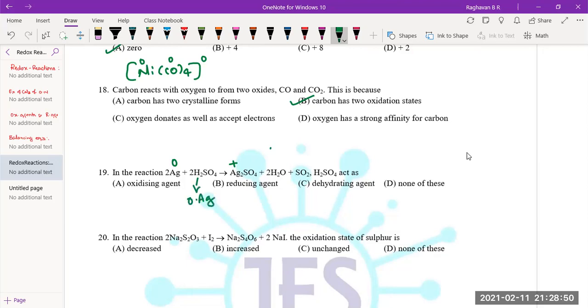Oxidizing agent. Correct, no? Or H2SO4 sulfur is +6 and it has become +4. That means +6 to +4 has undergone reduction. The one which undergoes reduction is an oxidizing agent. That's another way of deciding. Gain of 2 electrons, reduction. Therefore, oxidizing agent.